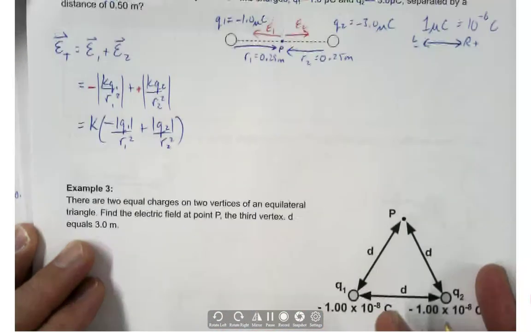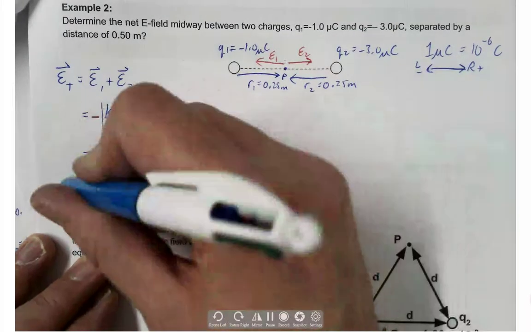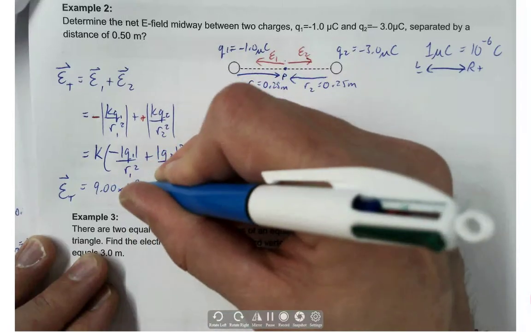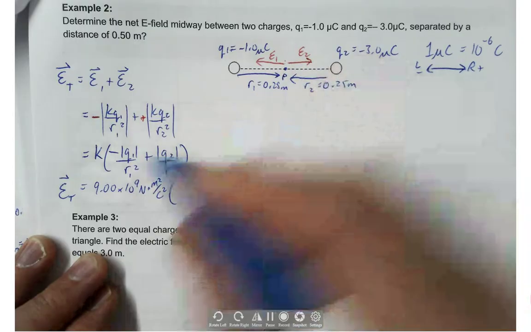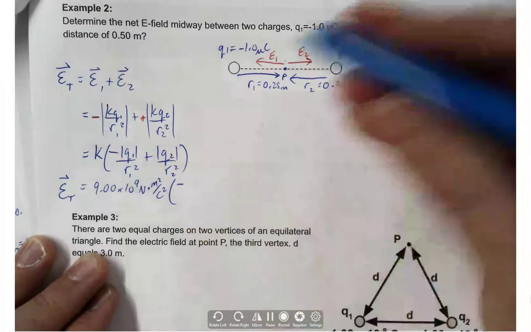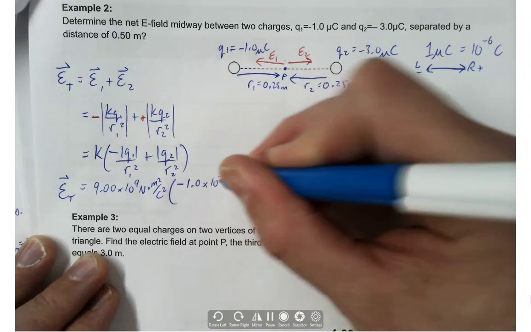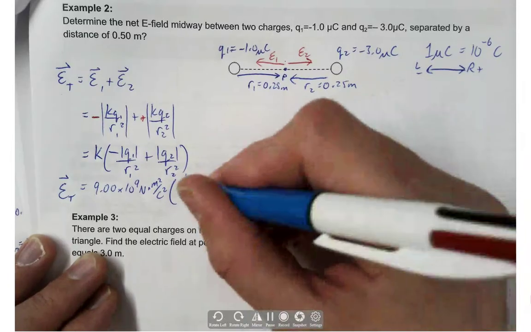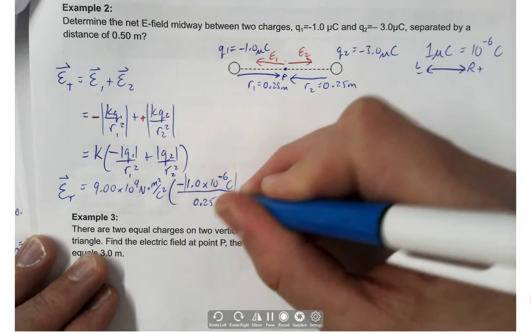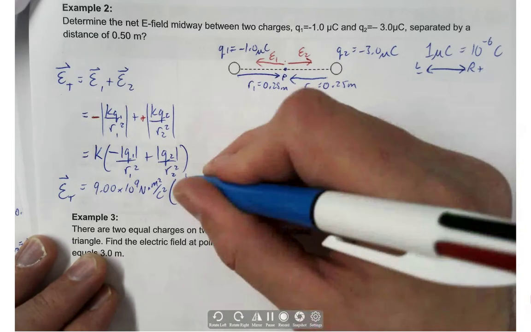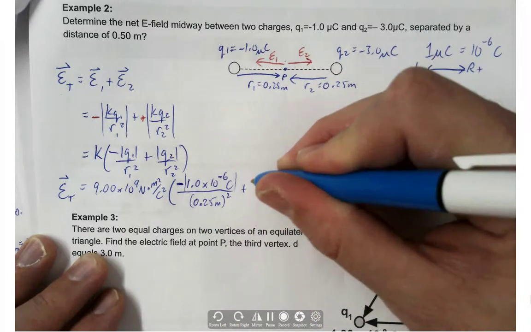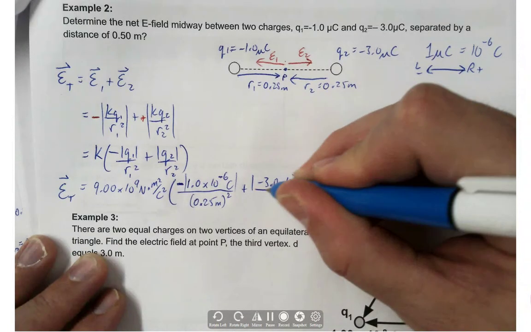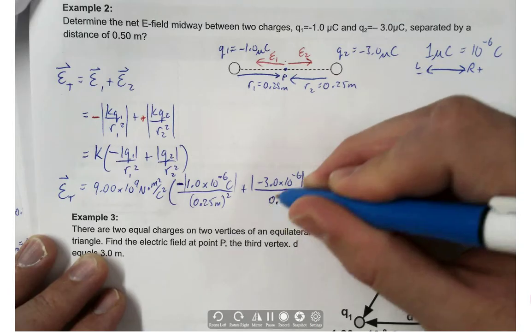Because we've done microcoulombs instead of coulombs, epsilon total is equal to 9.00 times 10 to the power of 9 newton meters squared per coulomb squared times, there's that negative sign, negative of the absolute value of Q1, which is 1.0 times 10 to the power of negative 6 coulombs, over 0.25 meters squared, plus, don't forget this negative sign is there when we do our data entry, Q2, which was 3.0 times 10 to the power of negative 6, but this negative sign disappears because of the absolute values, divided by 0.25 meters squared.